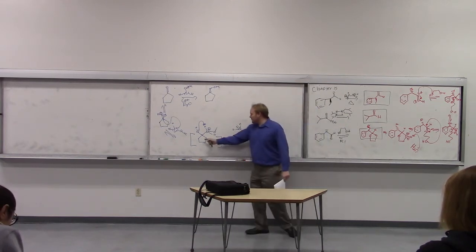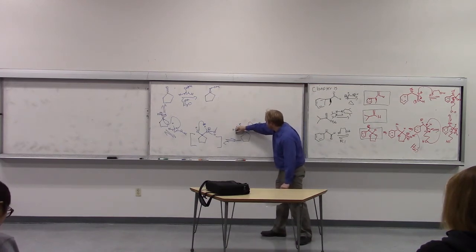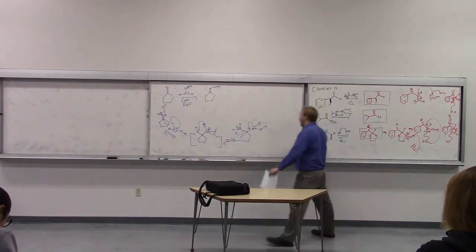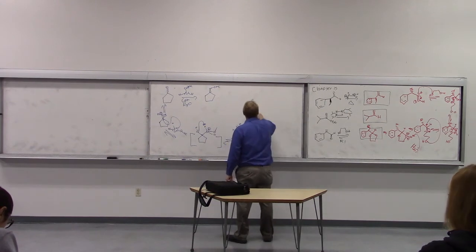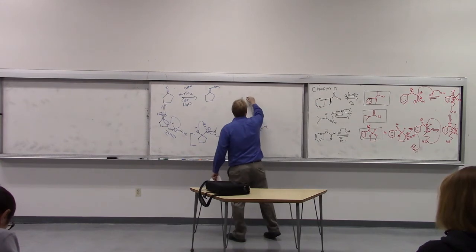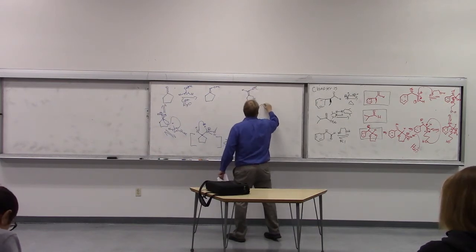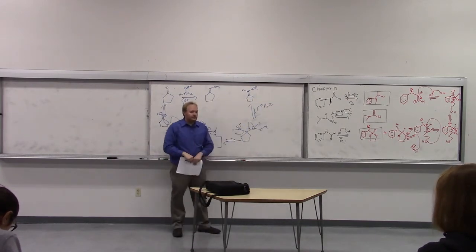So whereas this equilibrium is lousy, we can now, with the high energy lone pair of electrons on the less electronegative nitrogen, kick off water. So kick off water to give us now our aminium.